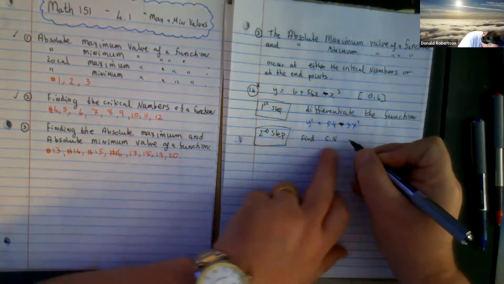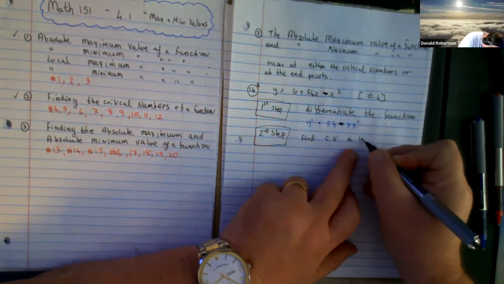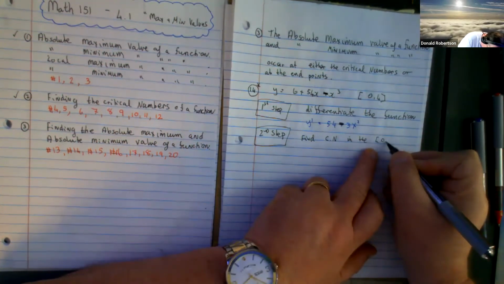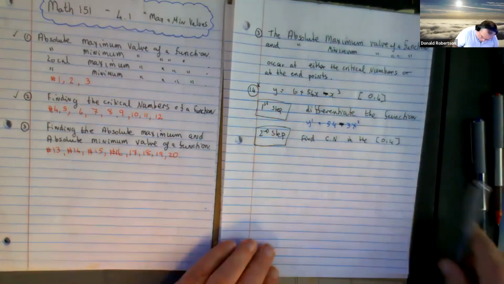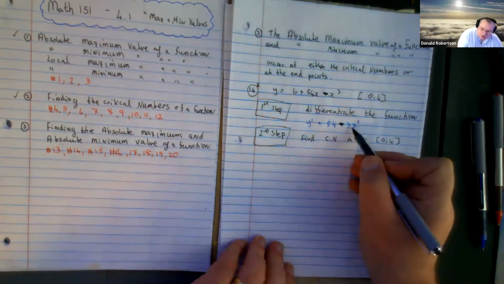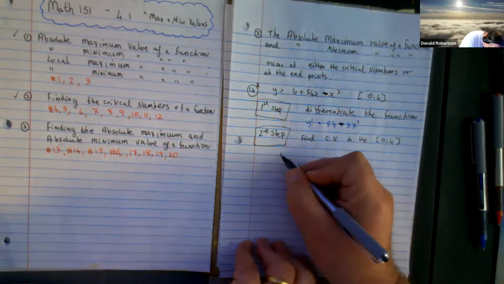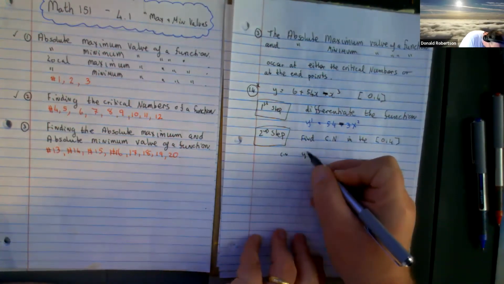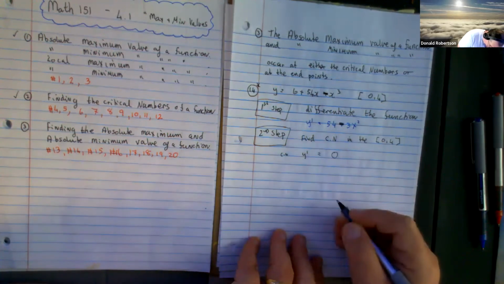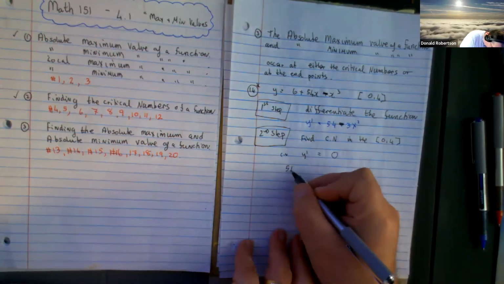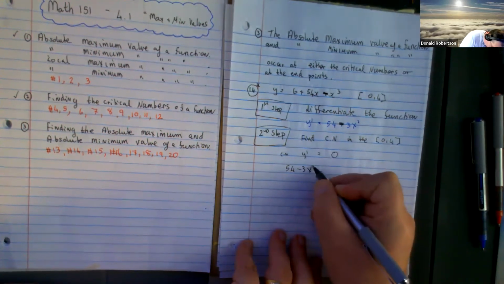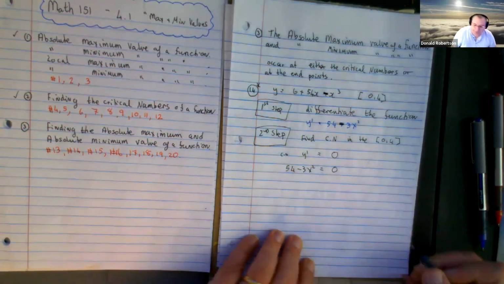Now, step 2. Find the critical numbers in the given interval. Well, I don't need to worry about this ever being undefined, but I do know that it is possible that the derivative is 0. So I'm going to solve that guy.